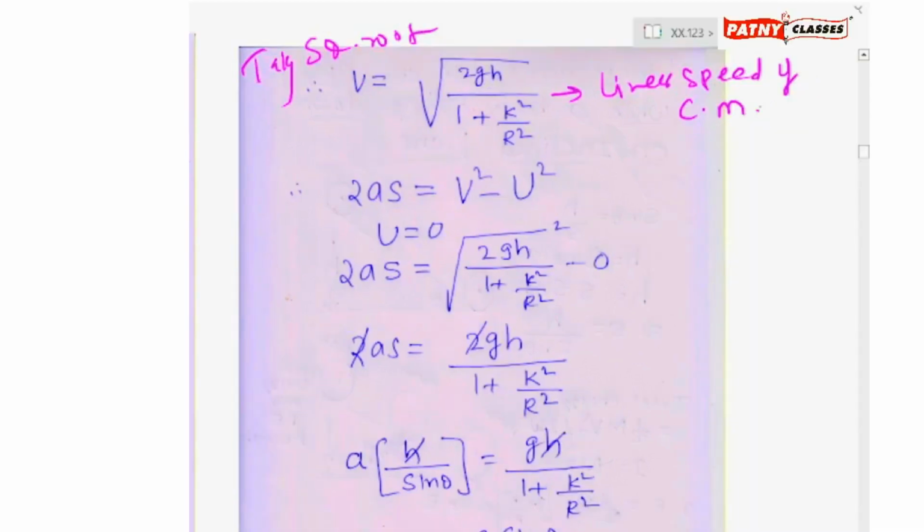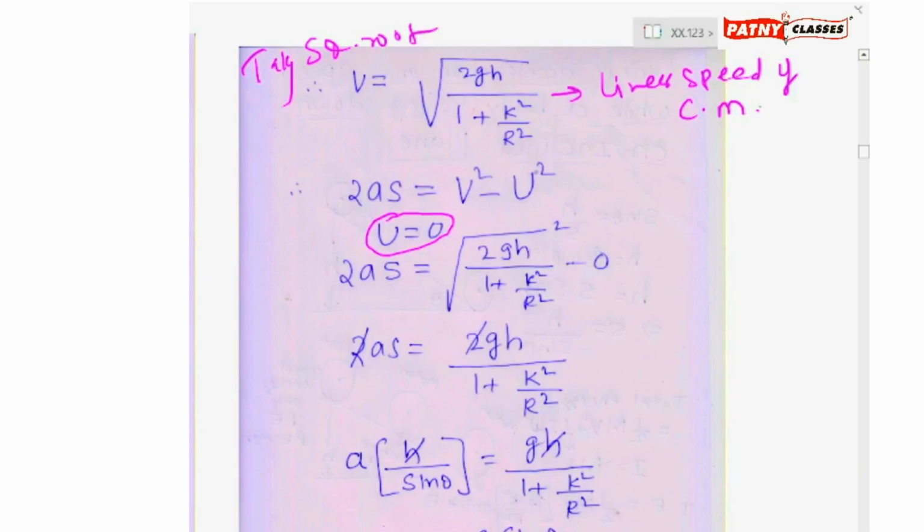Now we need to find the expression for linear acceleration. The body starts from point A. At point A, the initial velocity u equals 0. So we have taken u equals 0 as the linear initial velocity, and we apply the kinematical equation, twice as equals v square minus u square.